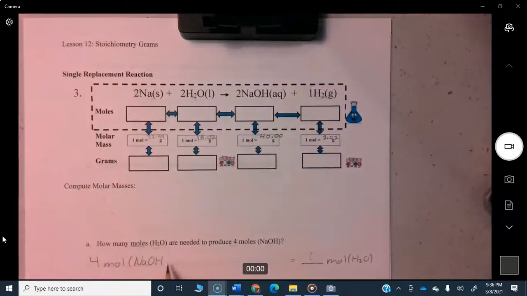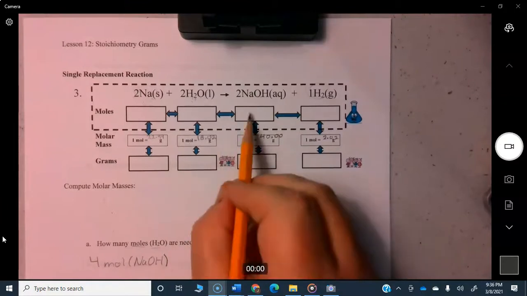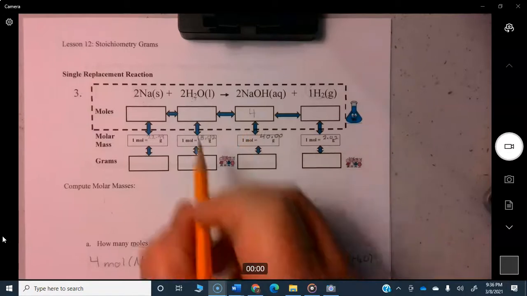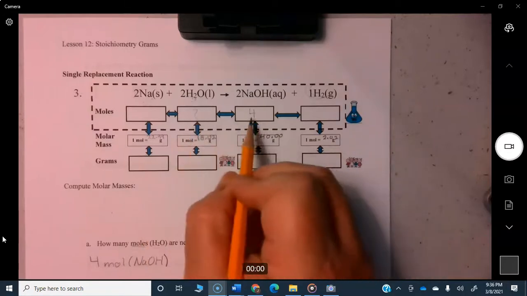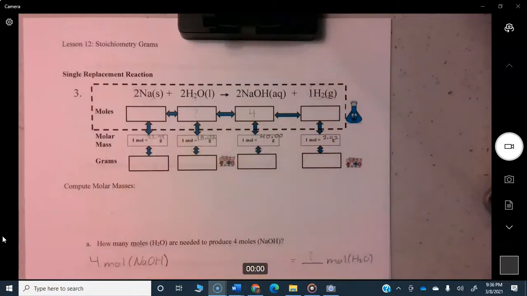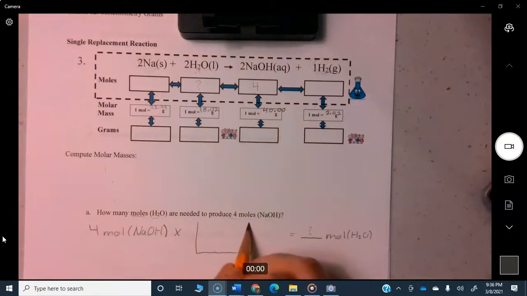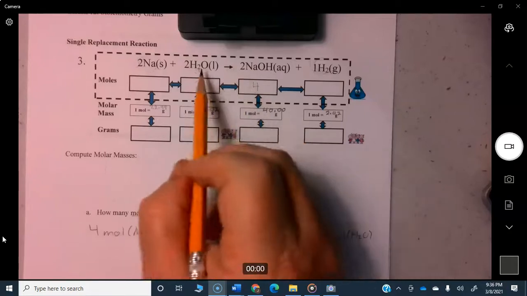Okay, so if we look up here, we're starting with 4 moles of NaOH, and we need to know how many moles of H2O. So that's simply a moles to moles conversion. That's just one step. Okay, so it's just a 1-box problem. So we'll go ahead and put that here. All right, and there's our conversion.